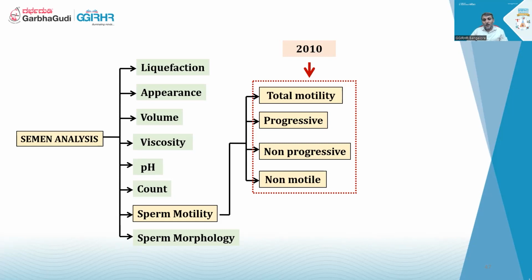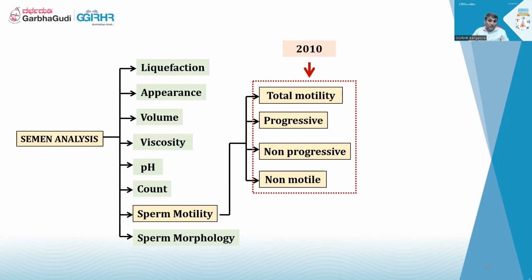Non-progressive is unhealthy sperm, like how a person above 50 years of age moves; it won't move straight. Non-motile sperm won't move, with only some twitching movements. Progressive and non-progressive together make total motility.